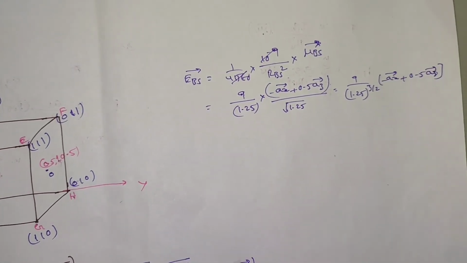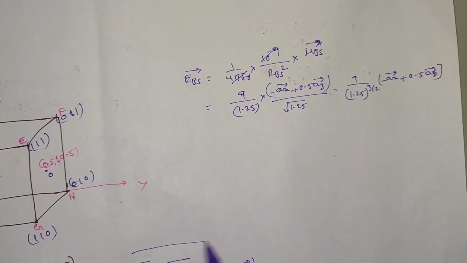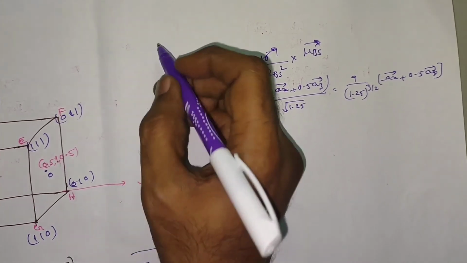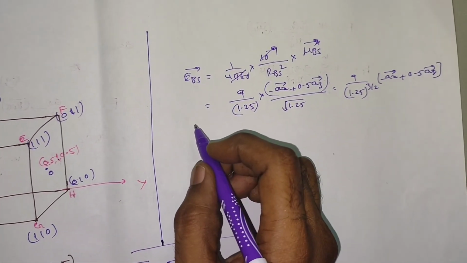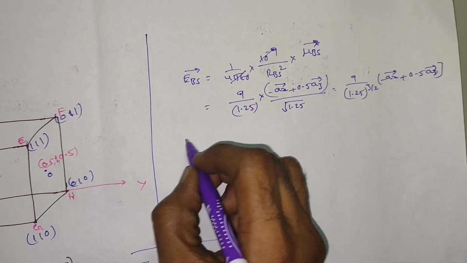Similarly, we have to find out the other 5 charges. So after B, we are going to consider D, EDS bar.